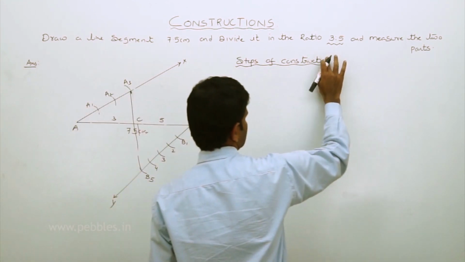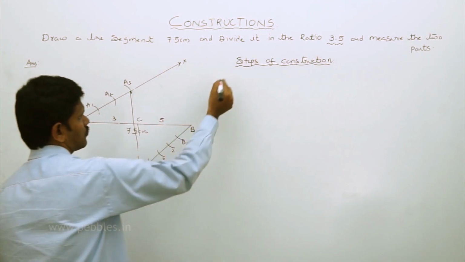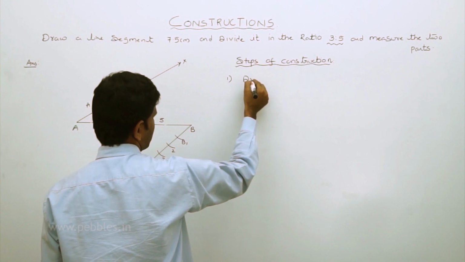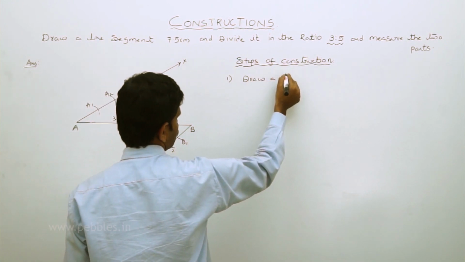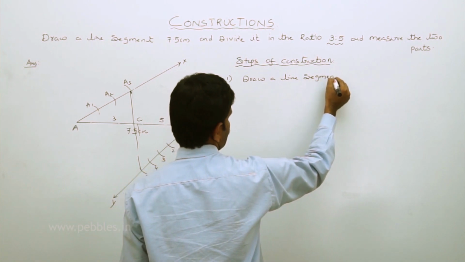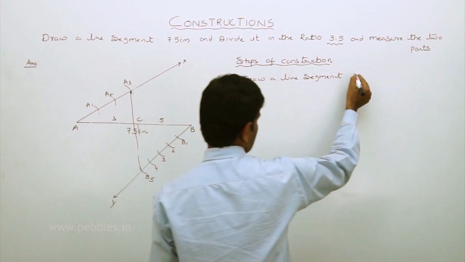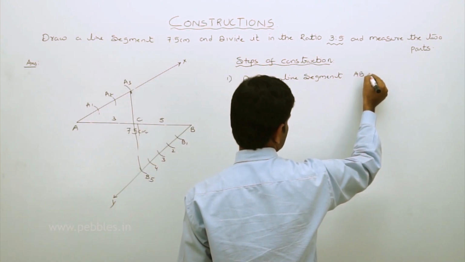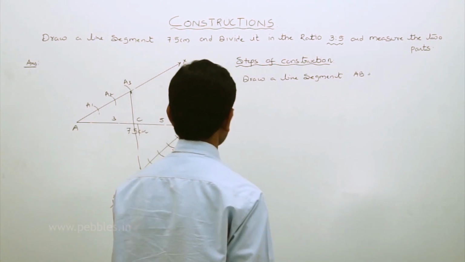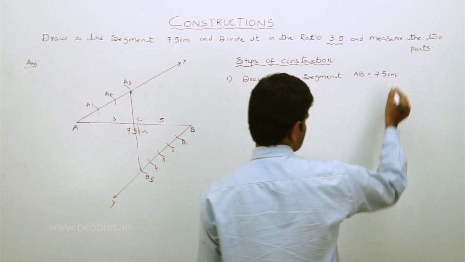Come to the steps of construction. Draw a line segment AB equal to 7.5 centimeters.